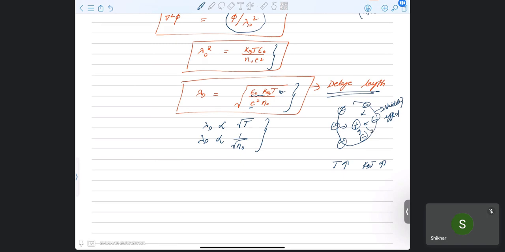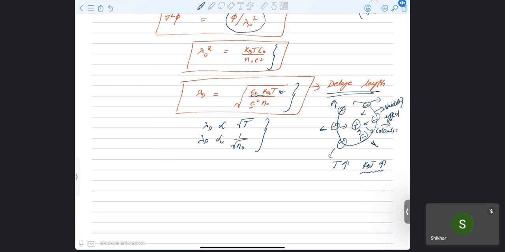First is the Coulombic interaction, which is pulling these negative charges close to this positive charge, and the other is thermal energy, which is moving this negative charge away from the positive charge. So if the temperature is very high, then your thermal energy will be very high, and your Debye sphere will be large, because this thermal energy will overcome the Coulombic attraction.